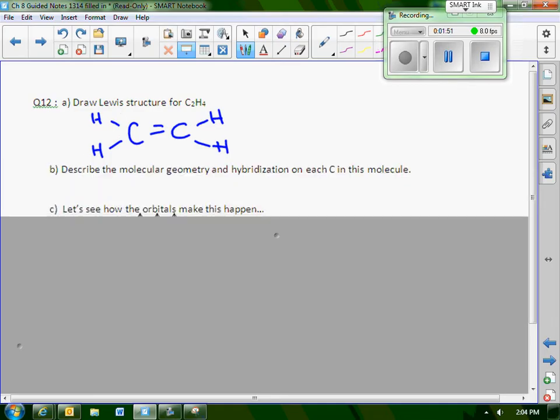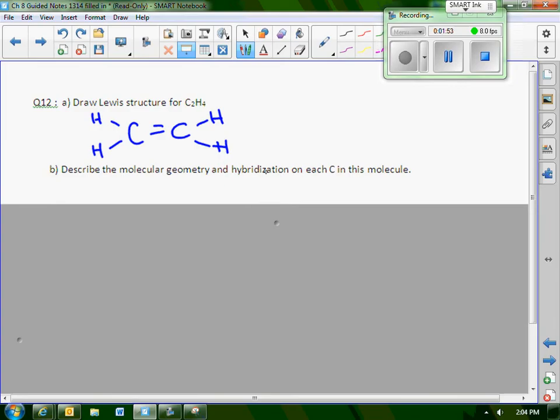The next question says, describe the molecular geometry and hybridization on the carbon in this molecule. Okay, so the first thing that we have to do is understand that this is an AX3E0. Does everybody understand why it's AX3E0? A is the central atom, and you can pick either carbon, it doesn't matter.